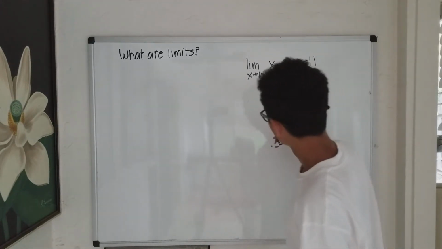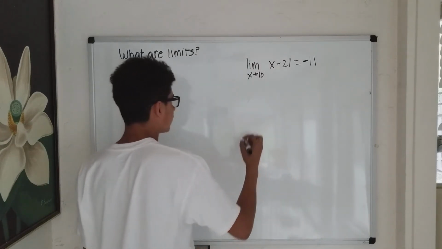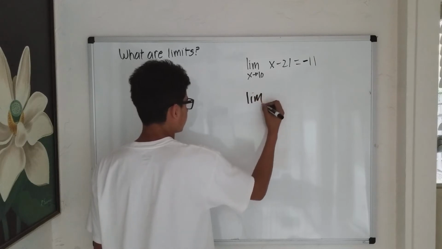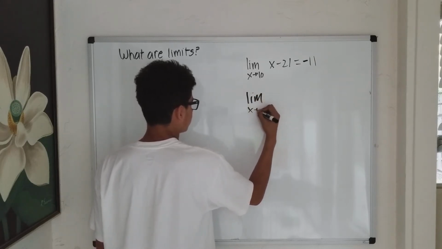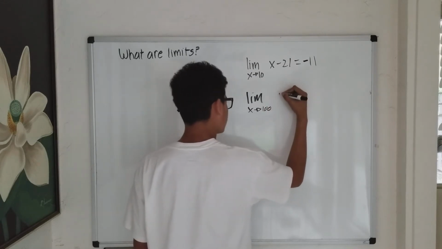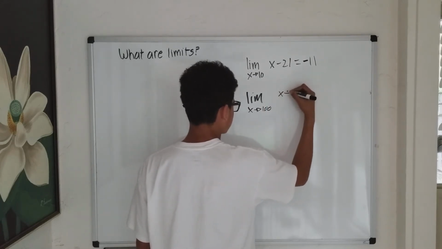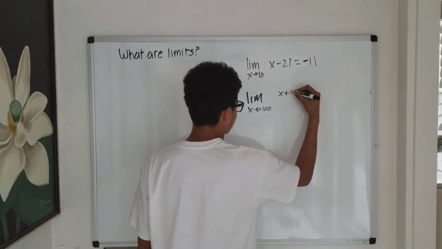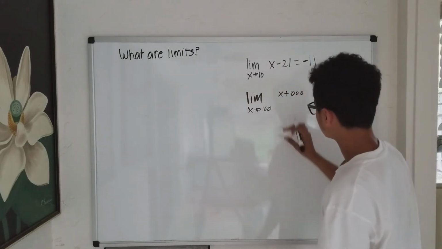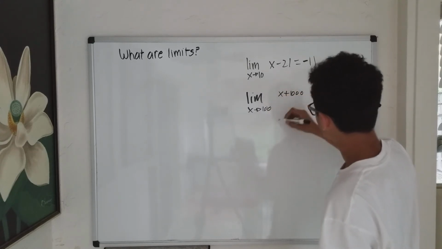Let's do one more problem, and then I guess we can call it a video. Limit as x approaches 100 of x plus 1,000. Again, it doesn't matter that these are big numbers. Simply substitute it in.